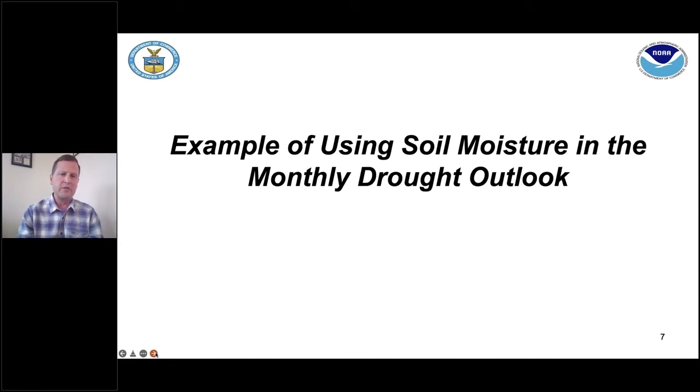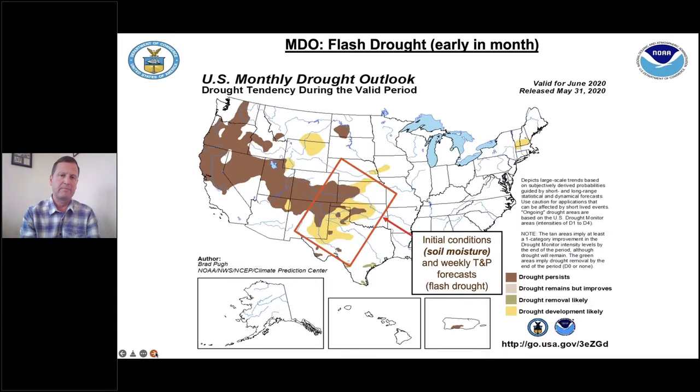So for the next few slides, I'll be showing an example of how we used soil moisture in the monthly drought outlook. Next slide. So a couple of years ago, this was at the end of May, we had declining soil moisture across the central to southern Plains.